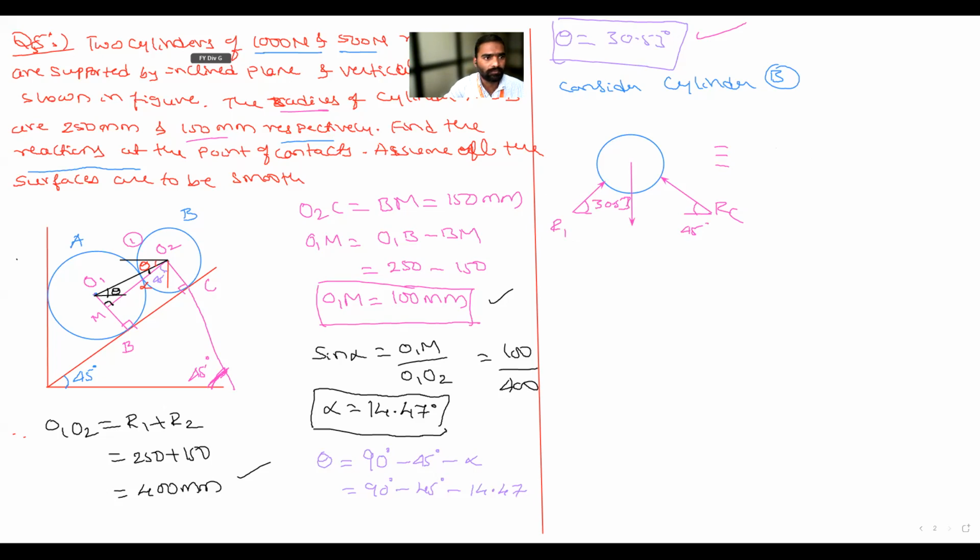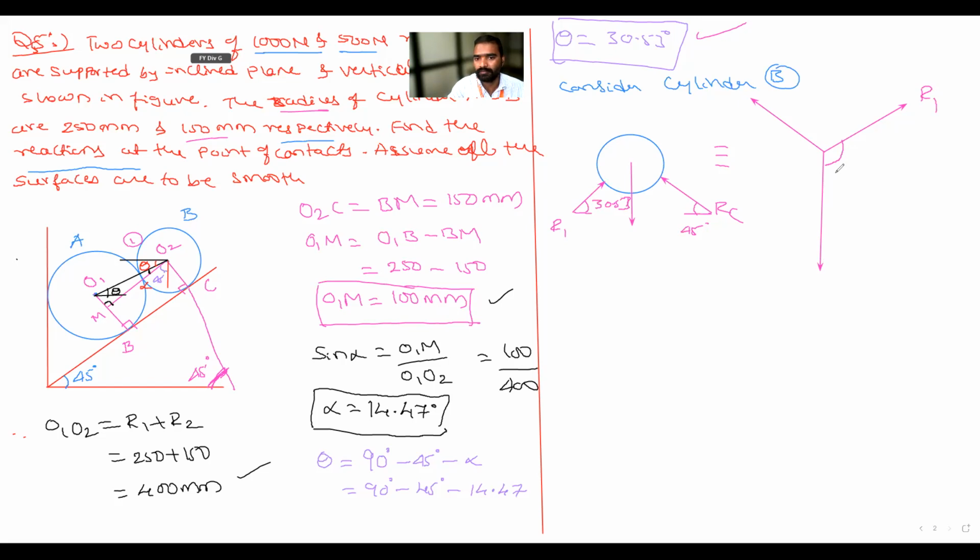So the same figure I will draw by considering Lami's theorem. This is one, and one more acting in the downward direction. Now calculate the value of this one. R1 was how much? 30.53 with respect to vertical.